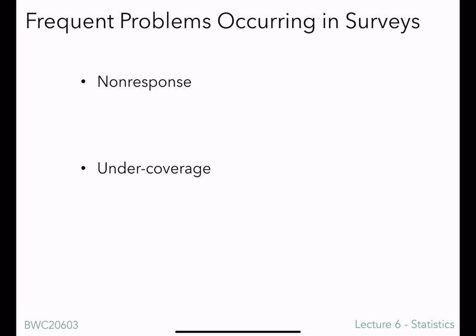Undercoverage means that the person who is doing the survey has selected samples systematically, for example, by listing down all the email addresses and then systematically selecting emails without any bias, and then sending out survey forms on those emails.